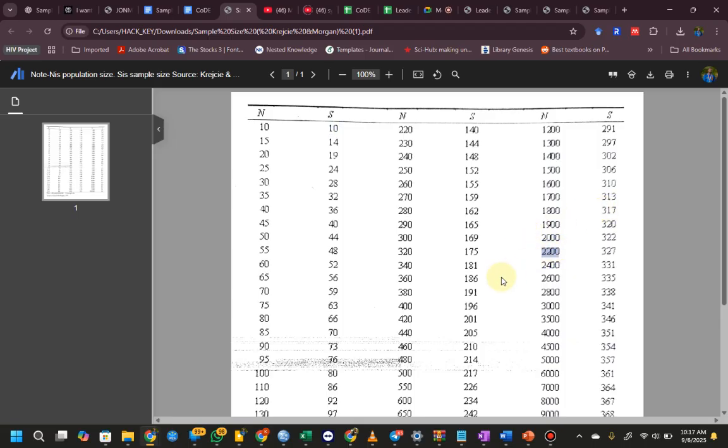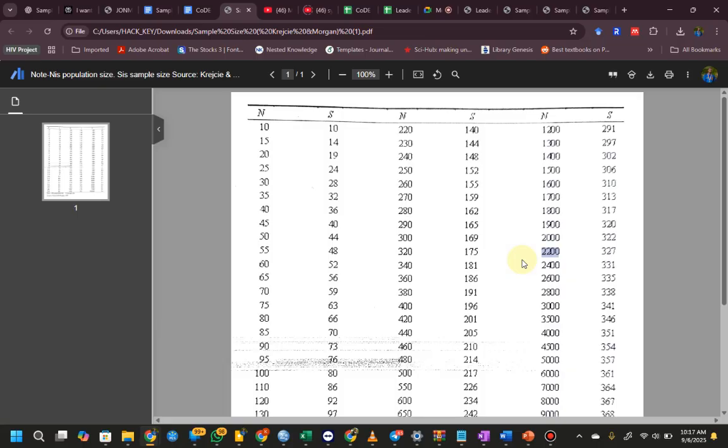It's the same thing. If you have a population of 2200, you would have to select a sample of 327, right? You would see an N that has 2200.